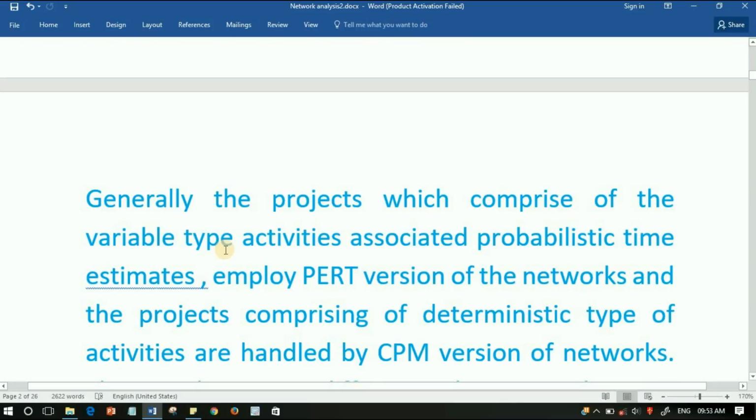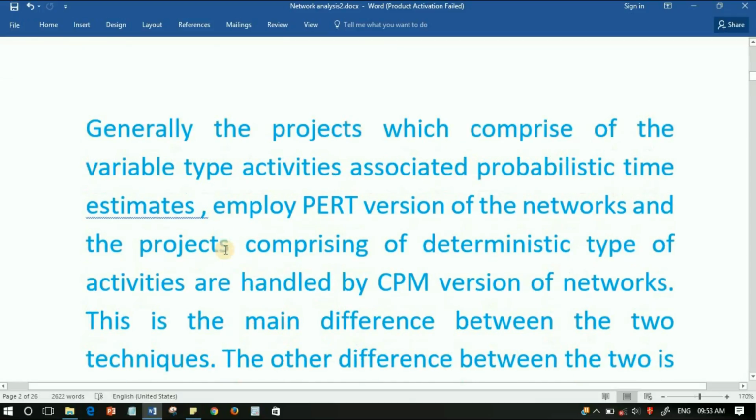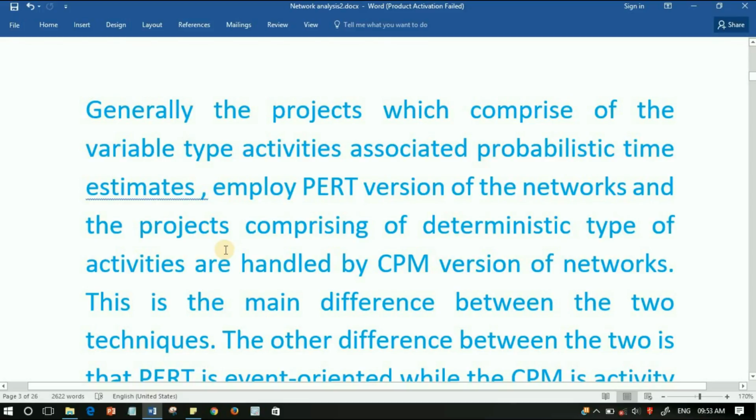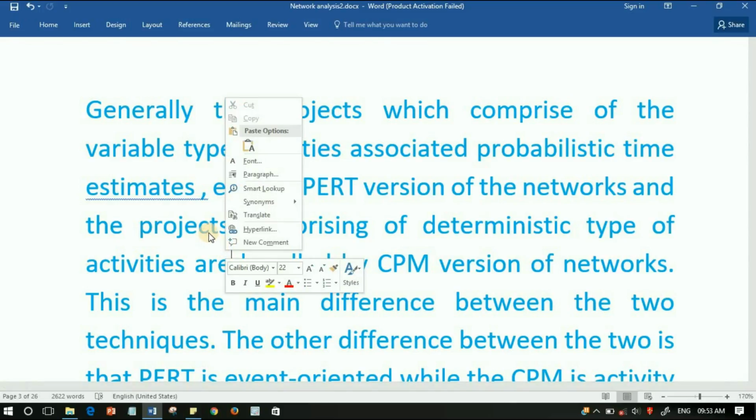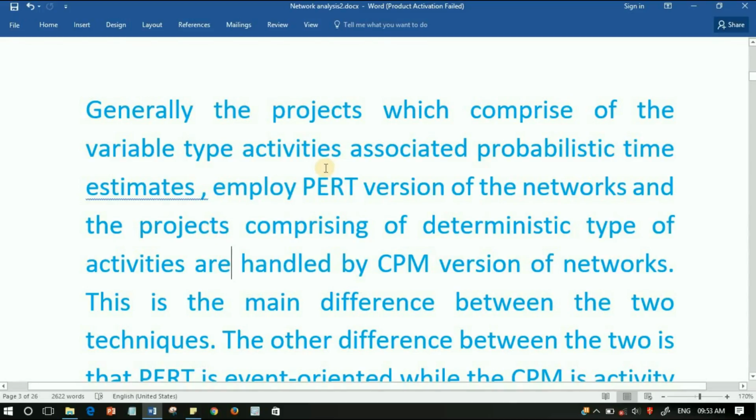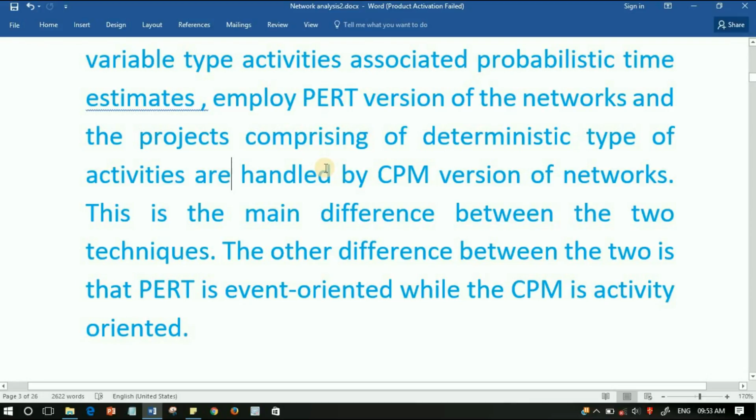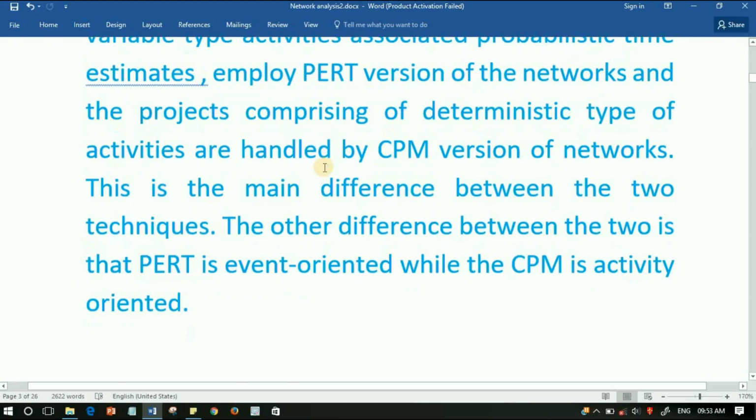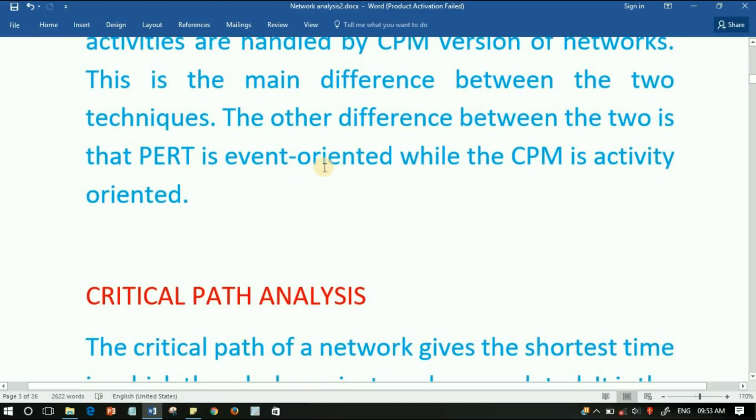Generally, projects which comprise variable type activities associated with probability time estimates employ the PERT version of the networks, and projects comprising deterministic type activities are handled by the CPM version of the networks. This is the main difference between the two techniques. The other difference is that PERT is event oriented while CPM is activity oriented.